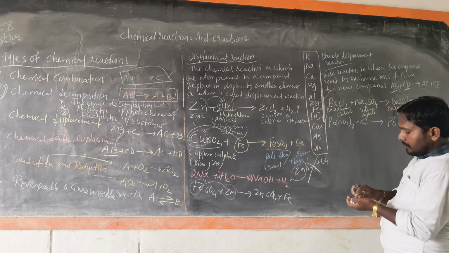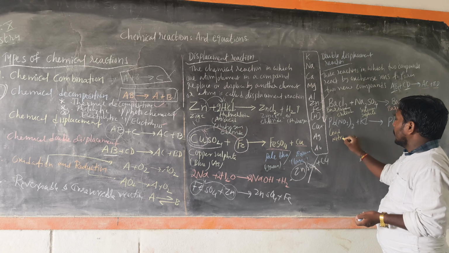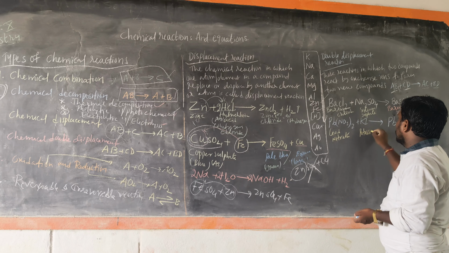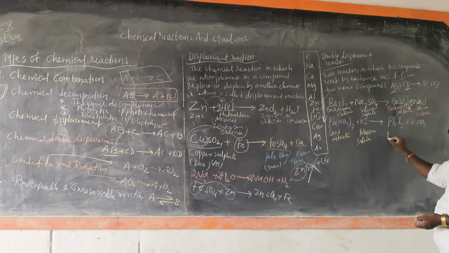In the case of lead nitrate and potassium iodide, lead iodide is formed as a precipitate, and here potassium nitrate.